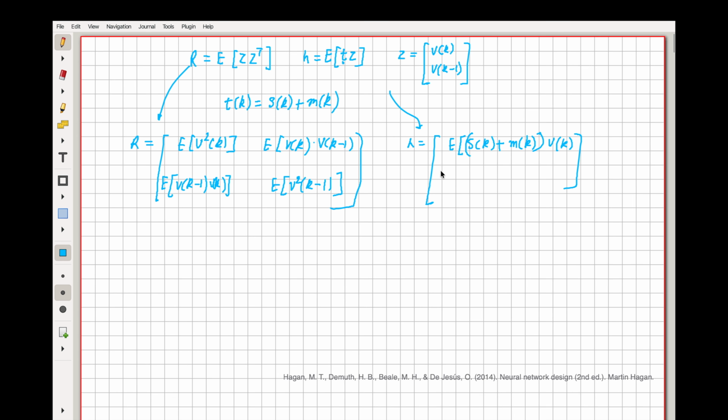The second one would be expected value of s_k plus m_k, and the difference is that instead of just v_k, we have v_{k-1} because we are doing a dot product with the z that we have.